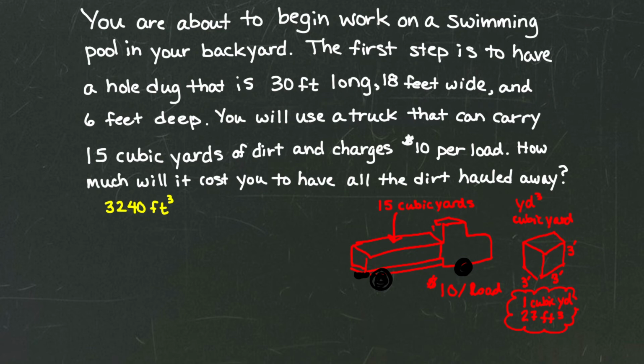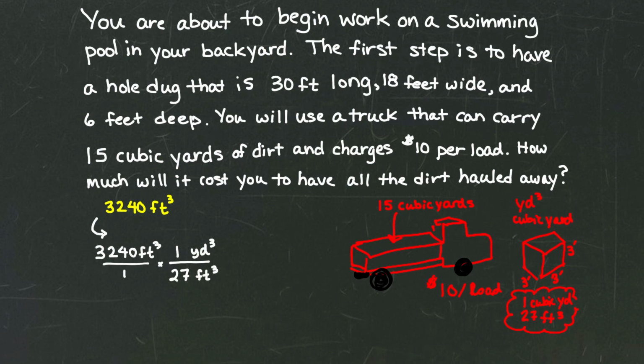3,240 cubic feet. If I want to convert that into cubic yards, what would I do? Well, I'd take 3,240 cubic feet and multiply it by the unit ratio that 27 cubic feet is in 1 cubic yard.